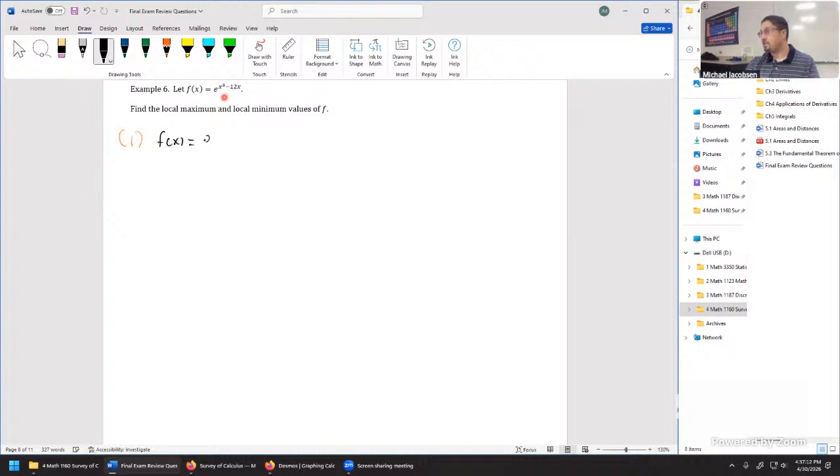F of x is e to the power of, I'll put in parentheses, x cubed minus 12x. This is not our first chain rule, but they're all tricky when it's an exponential, I feel like. So let's go carefully. The inner function is that whole thing. The outer function is base e exponential.